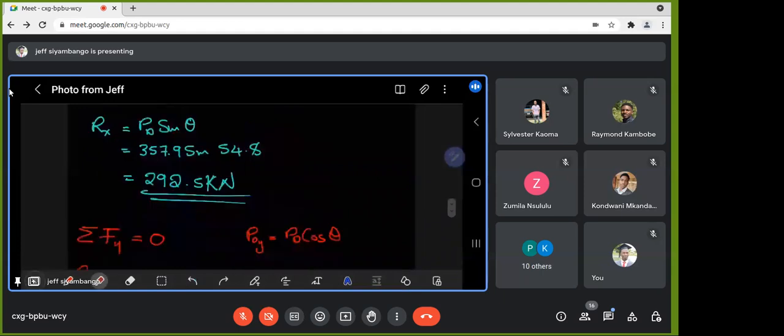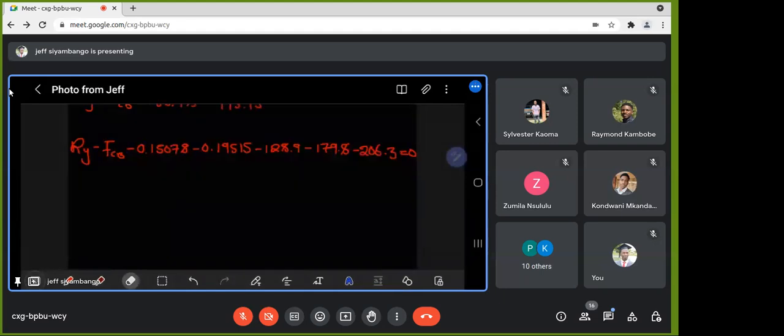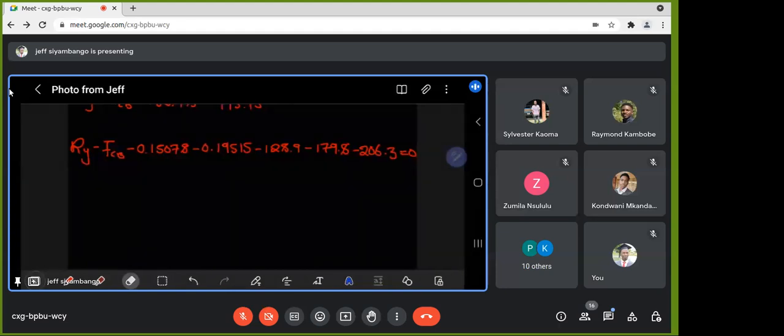Now we can add them up. So to add them up, I'll add the negatives. So that is the same one I had, 179.8 plus 128.9 plus 0.19515 plus 0.150, that's 150.78.